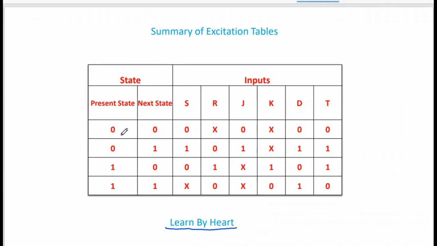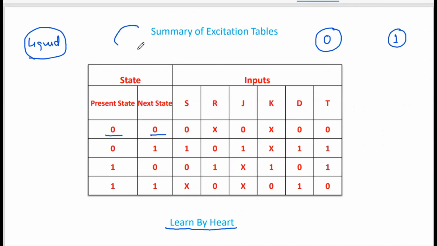So, if present state is 0, next state is 0, then you know this state already. If present state is 0, next state is 1. So, consider water: present state is liquid, then this is ice, and this is vapor.